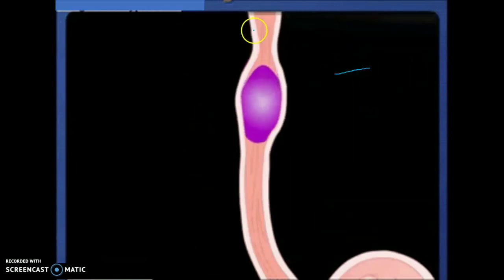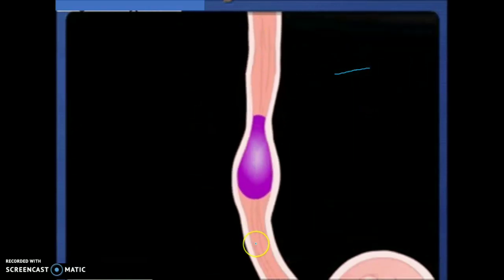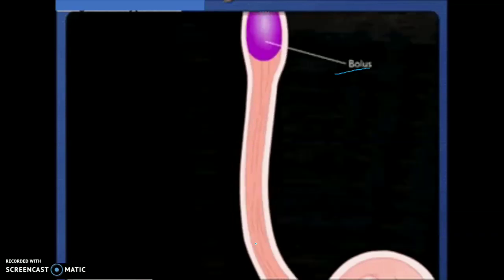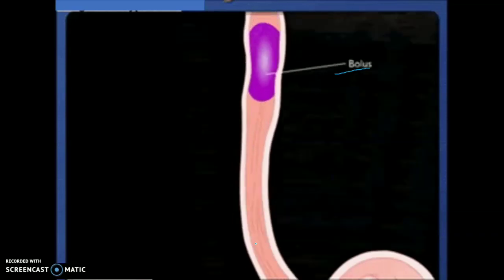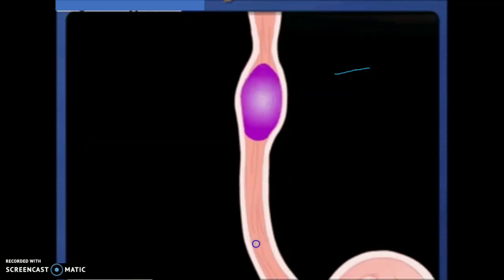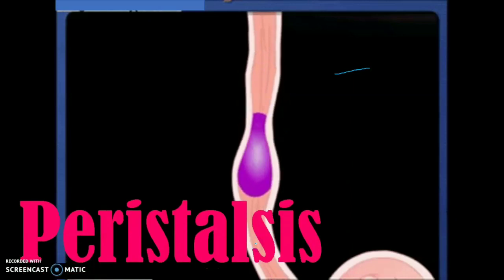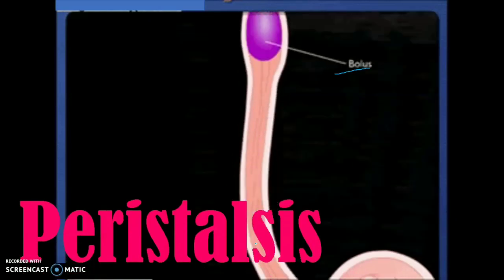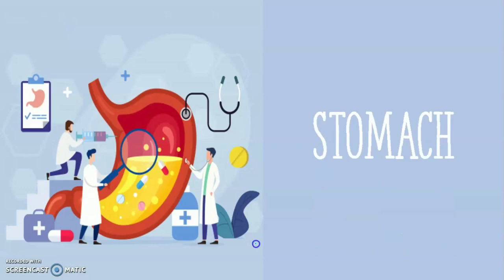Look how it is happening. The muscles of the food pipe are contracting, then they are relaxing. And this process is known as peristalsis. Then, after peristalsis, the food comes to the stomach.